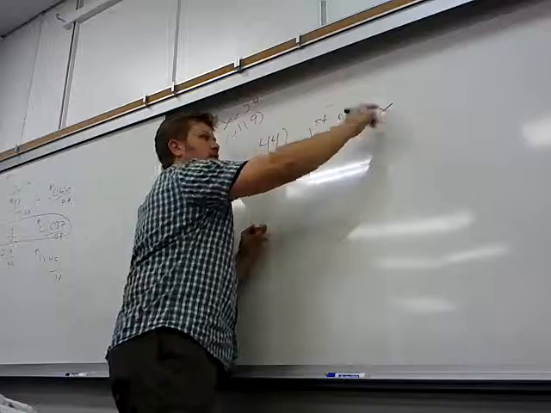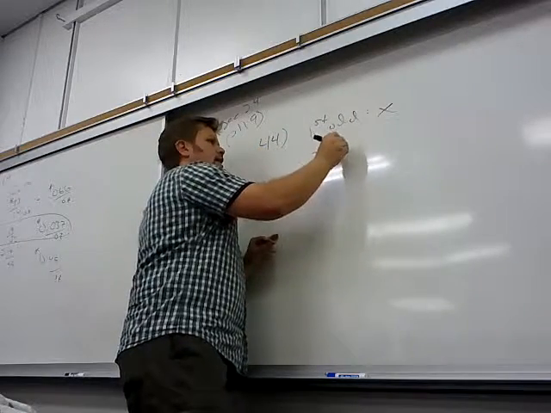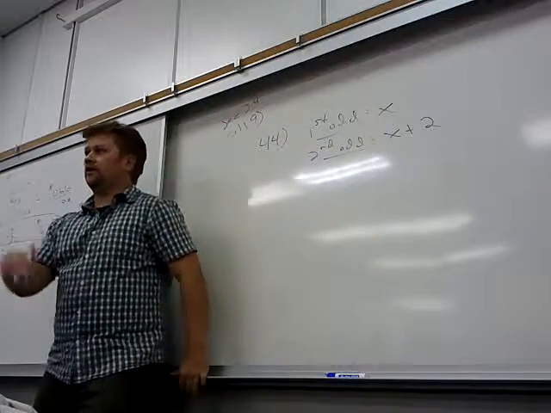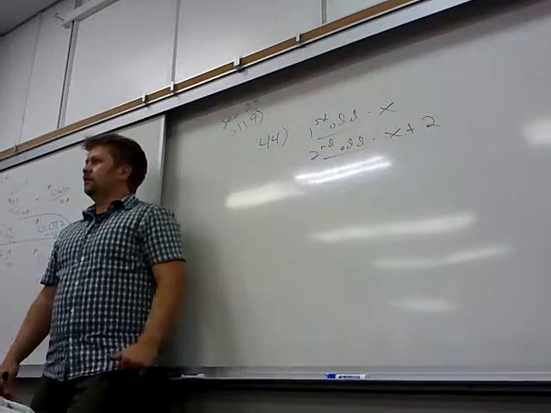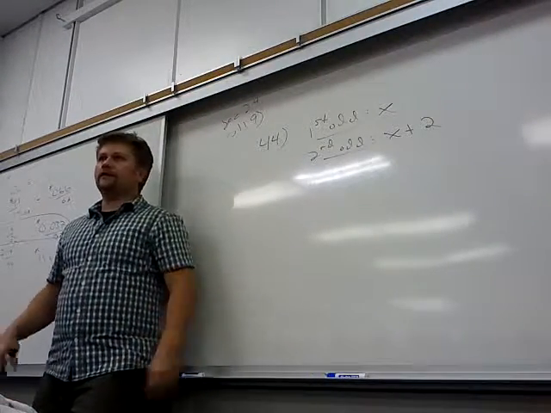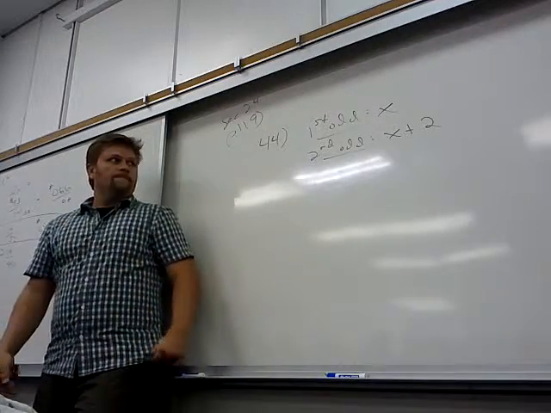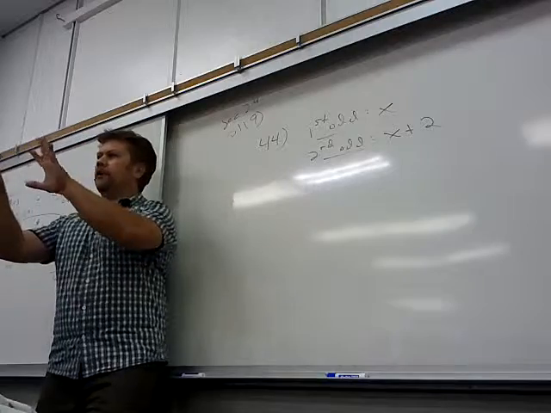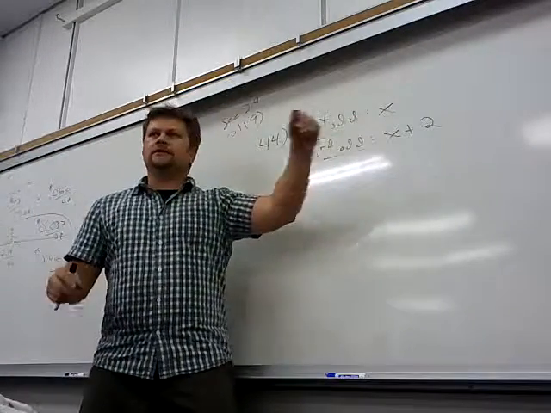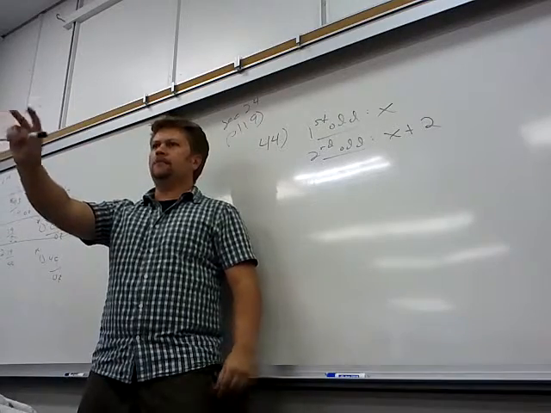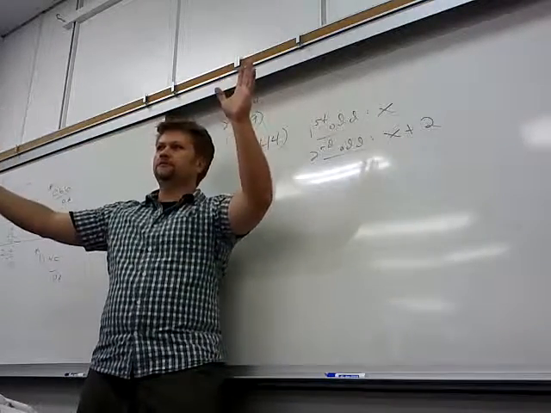So if the first odd is x, the next odd has got to be 2 more than that. Like you just told me, 3, 5, 7, 33, 35, 109, 111. It's got to be 2 more. This is how to represent any 2 consecutive odd numbers, period, in the universe.